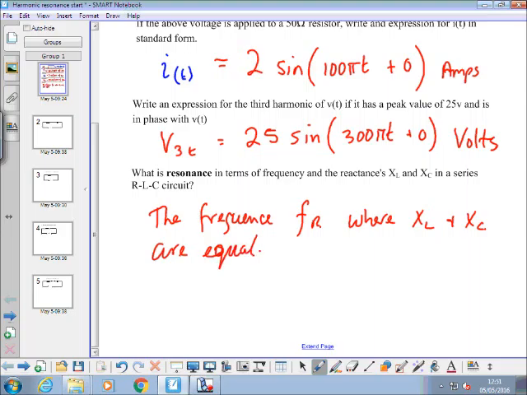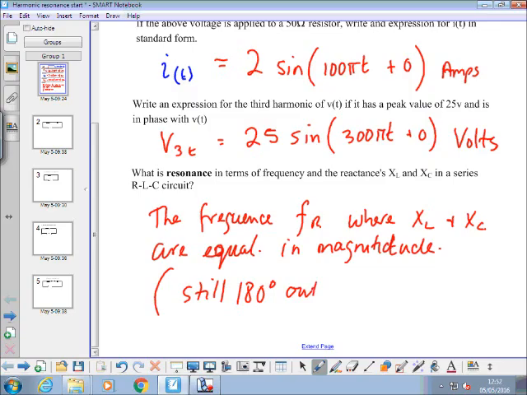Because they aren't equal in all aspects. Not equal in angle, but in magnitude. In magnitude, still 180 degrees out of phase. Yeah, so they aren't equal in all aspects, but they're equal in magnitude.